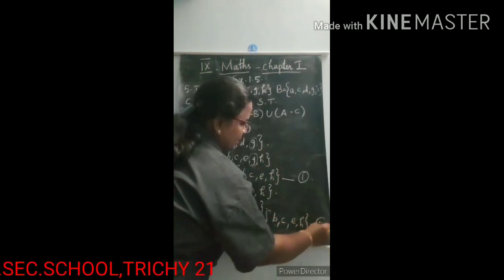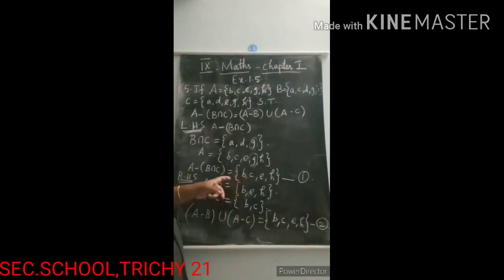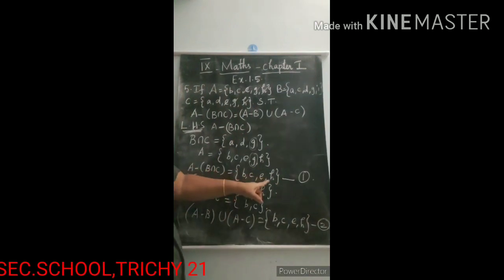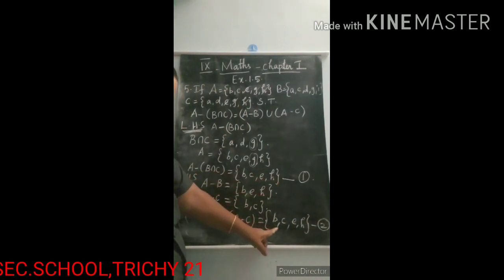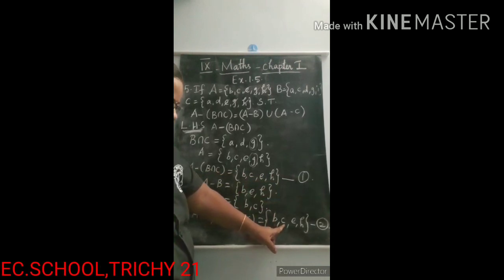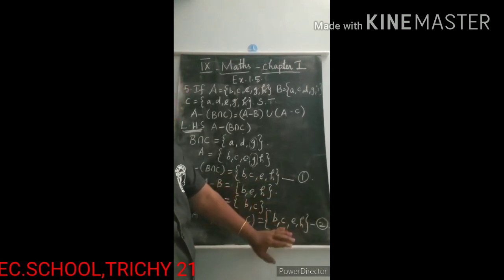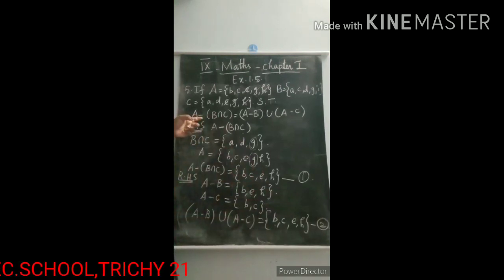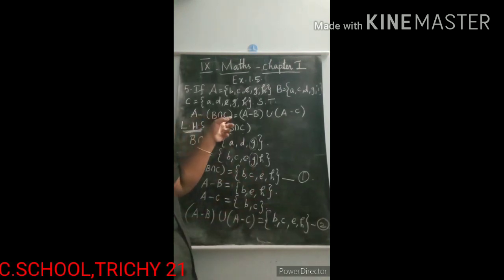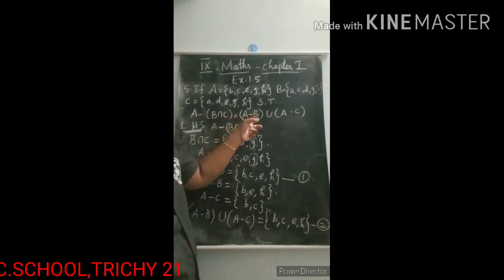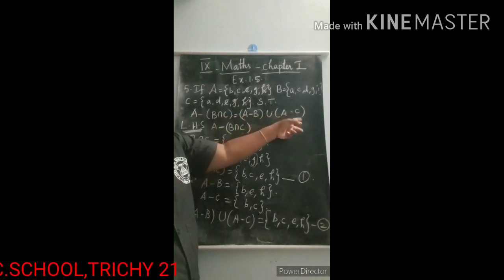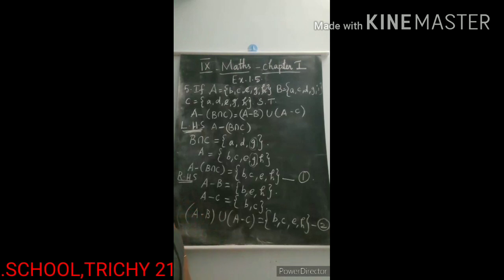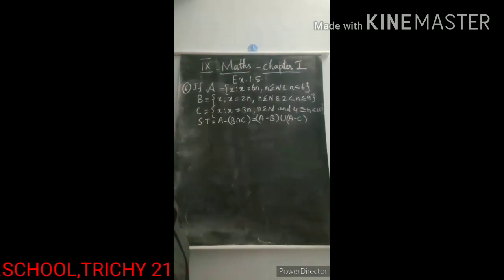This is considered as 2. Now we check the first equation, B, C, E, H. Here also, second equation, B, C, E, H. So hence proved: A difference (B intersection C) is equal to (A difference B) union (A difference C). Hence proved. Can you understand, students?